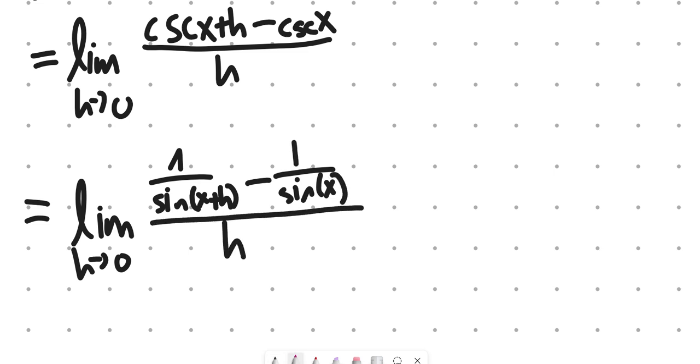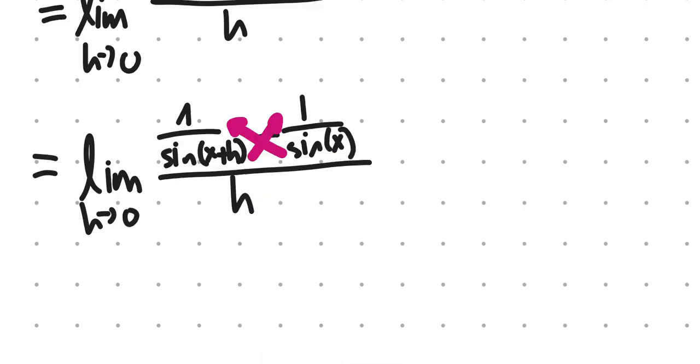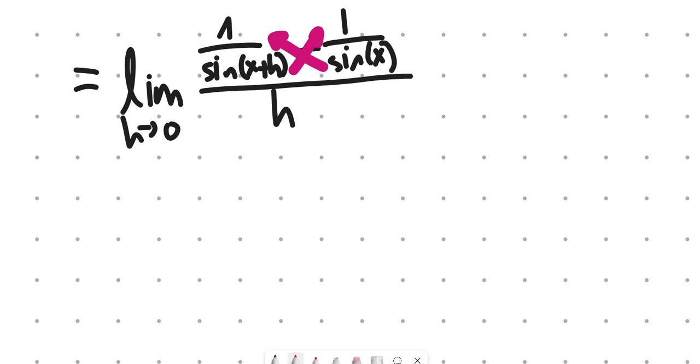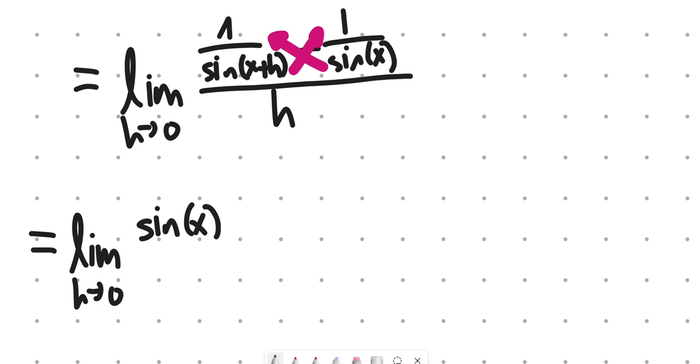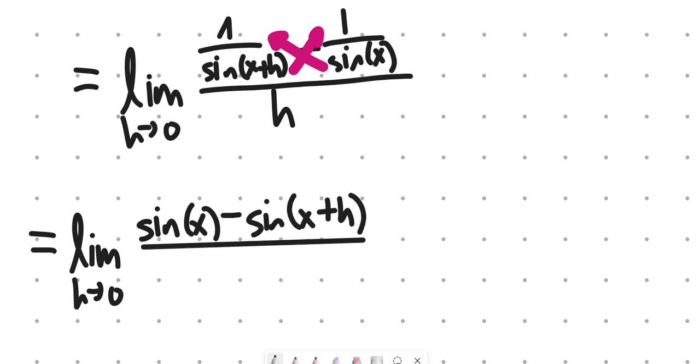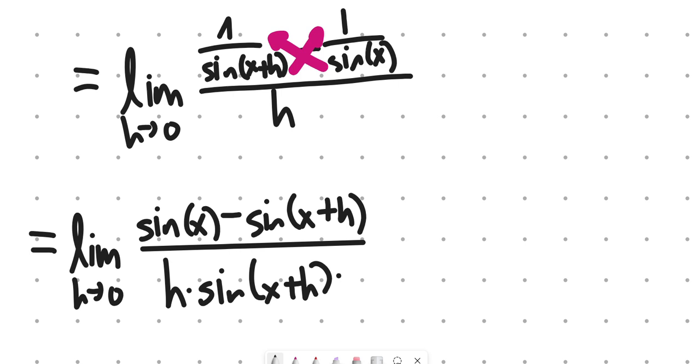Now we're just going to cross multiply so that we can put those fractions together. So we have the limit as h approaches 0 of sine x minus sine x plus h, and we put the h in the denominator too, so we have h times sine of x plus h times sine of x.